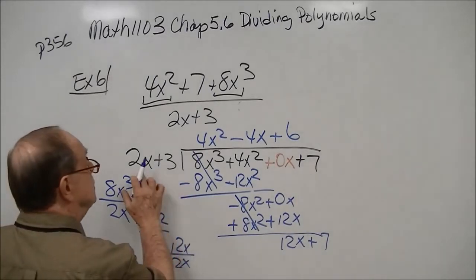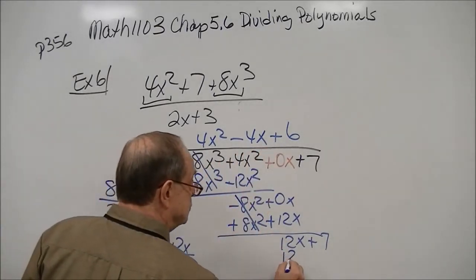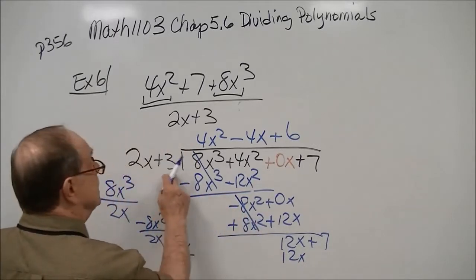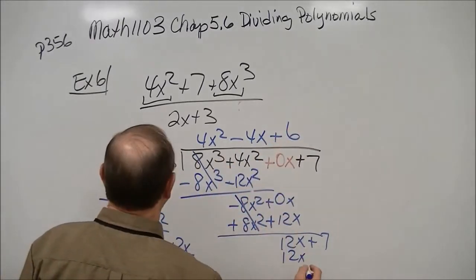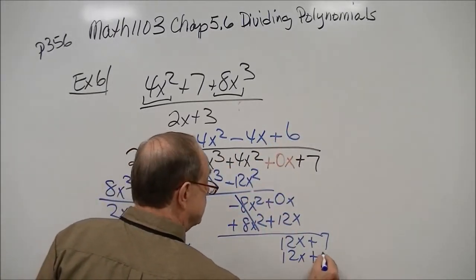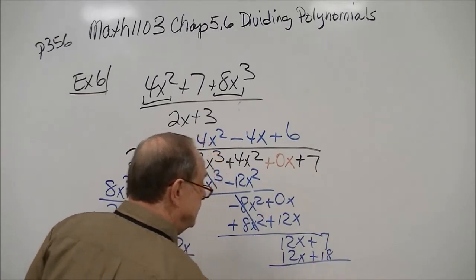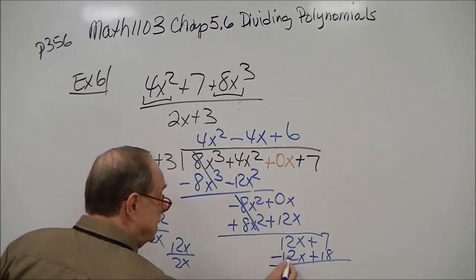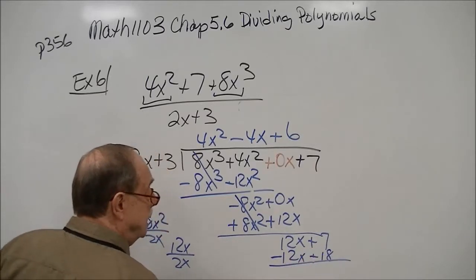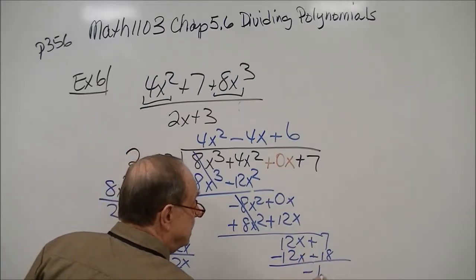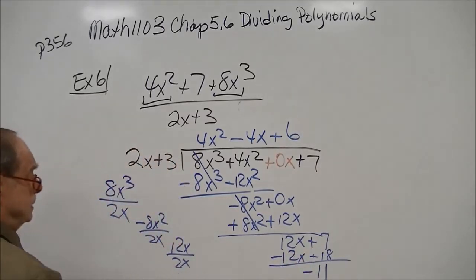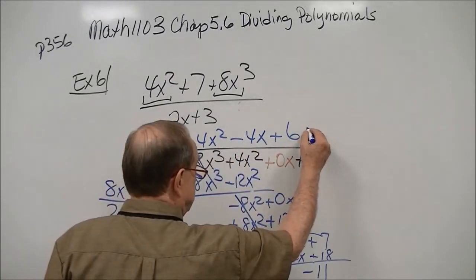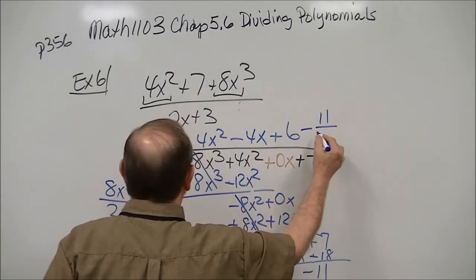Now, 2x times 6 is 12x. This times that is a positive 18. Change our signs. And this ends up being a negative 11.